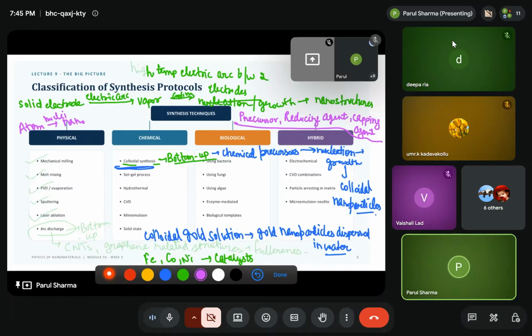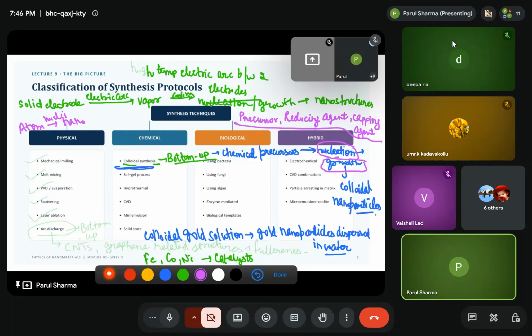So in stage one, nucleation will happen. In the nucleation, the precursor will be converted into atoms or monomers. When the concentration reaches a critical value, the nucleation will begin, so monomers will convert into stable nuclei. Then what is stage 2? The growth will start. After nucleation happens, additional atoms will start attaching to the existing nuclei.